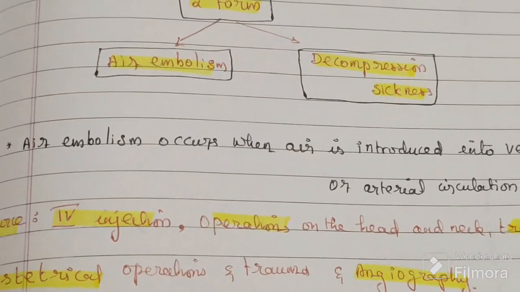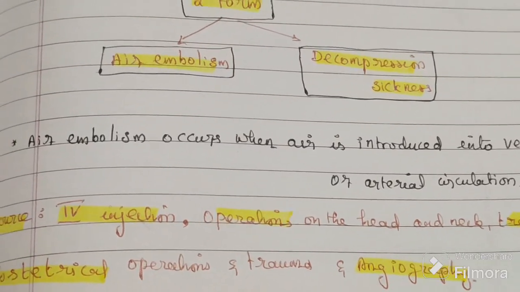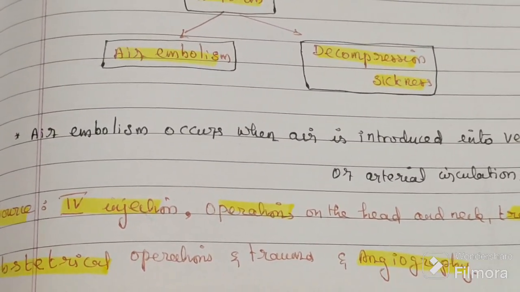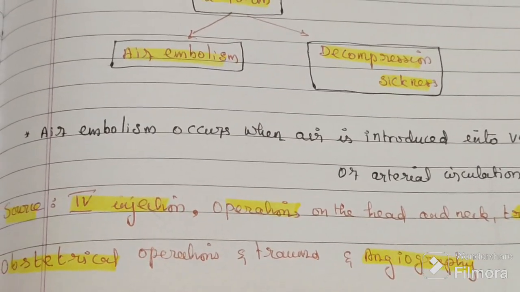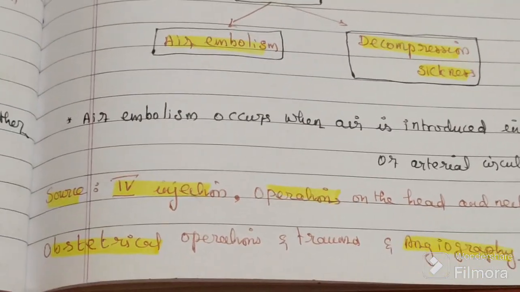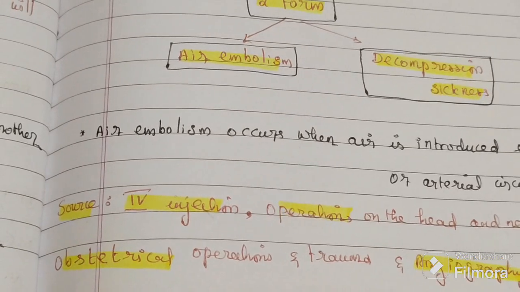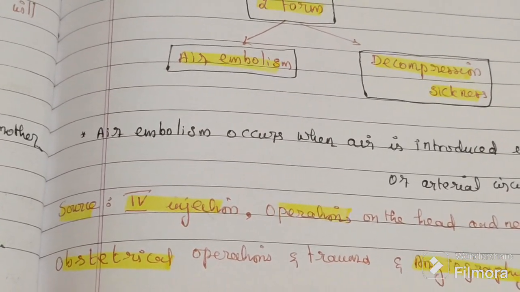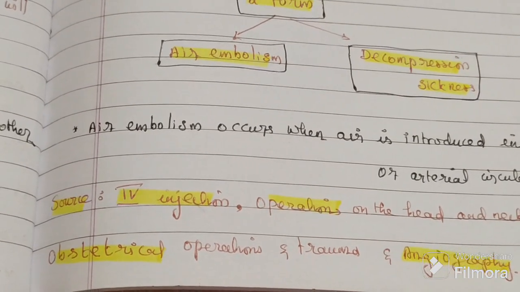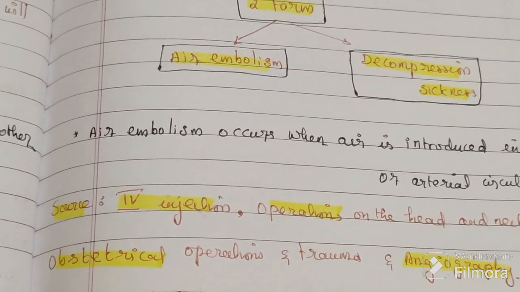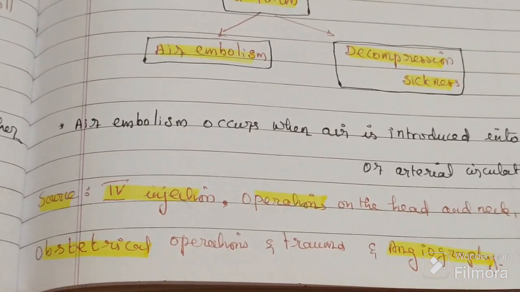So air can be introduced into venous or arterial circulation. During surgery, air can enter through a vein, during operations of the head and neck, or obstetrical operations, through accidental opening of a major vein like the jugular vein.